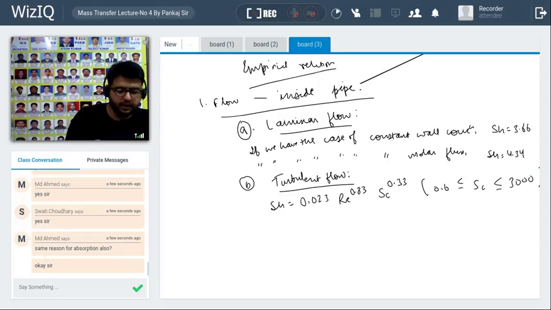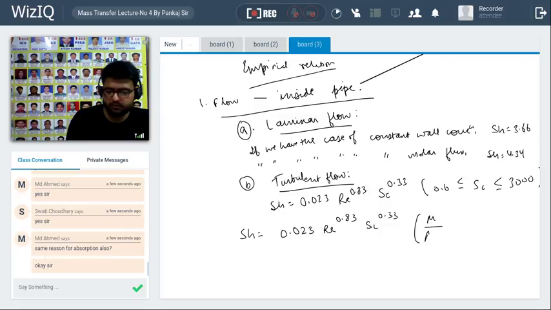Now considering the viscosity effects also, it will become, okay, these are all empirical relations which you need to remember. This is for flow inside the pipe.